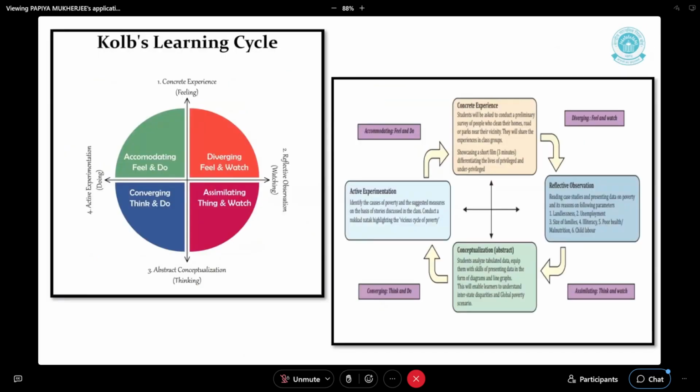That brings us to experiential learning. That is Kolb's learning cycle, very, very important: from concrete experience, that is feeling, to divergent and reflective observation, watching, and divergence, feel and watch, assimilating, think and watch. All of us have been working with Kolb's learning cycle earlier.